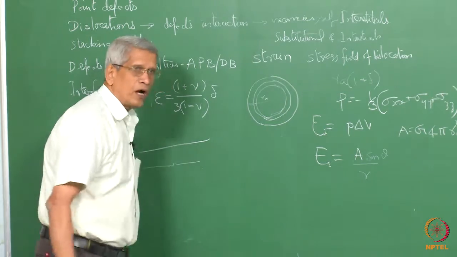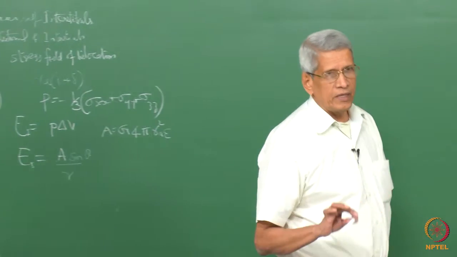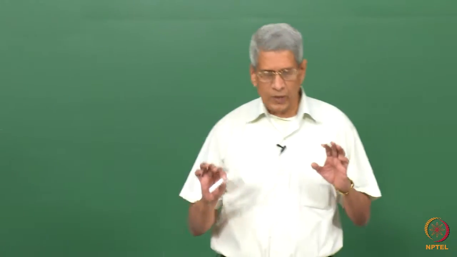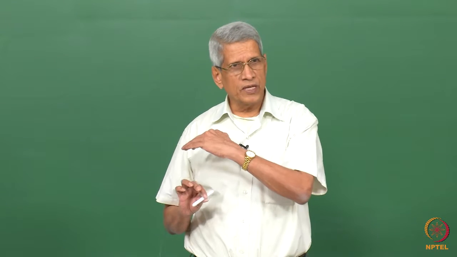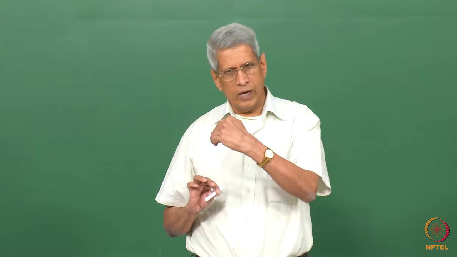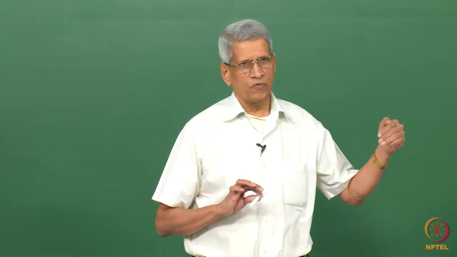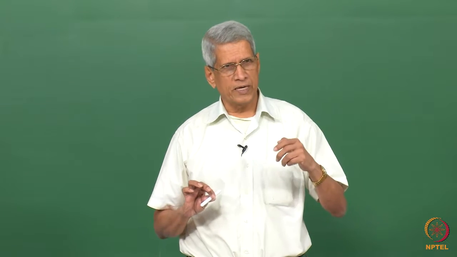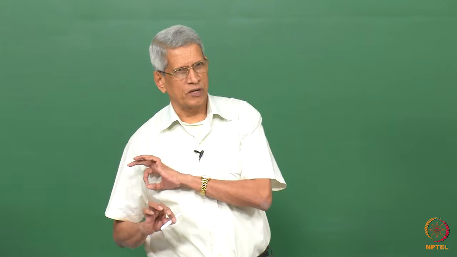Then we looked at how this dislocation will move. We have seen that the jog is not in the slip plane. Because of it, it is not able to move as fast as the dislocation, so it has to be dragged. That itself gives rise to hardening of the material. That's one consequence of it.